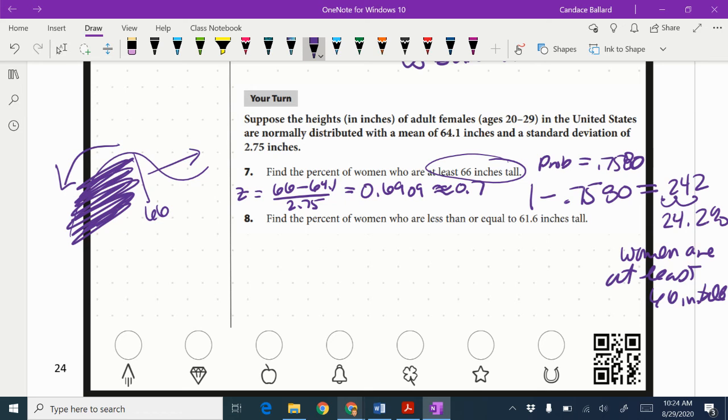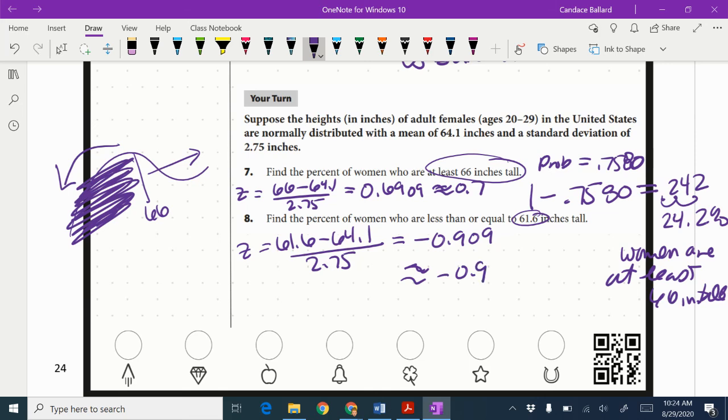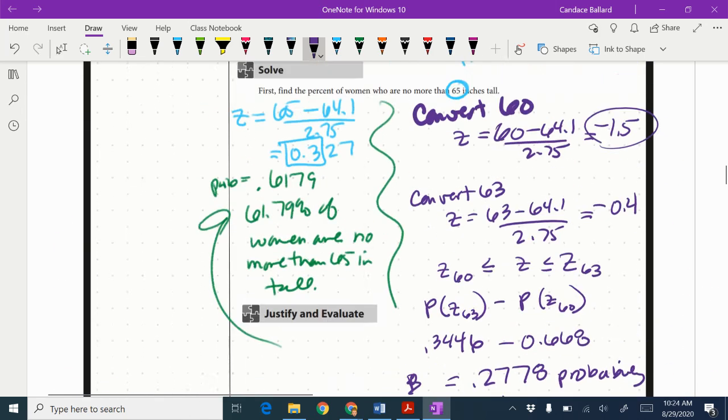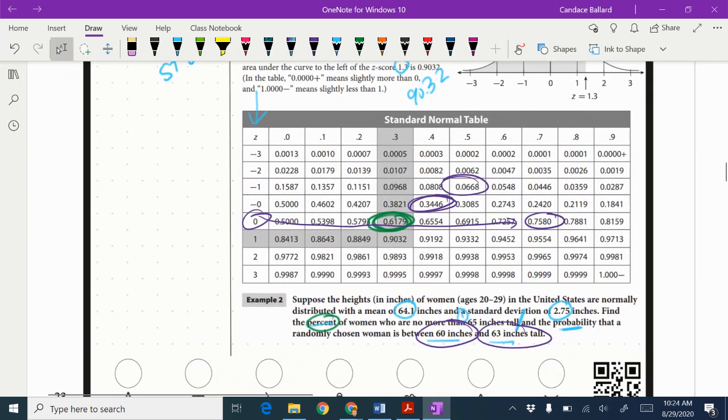Then we want to find the percent of women who are less than or equal to 61.6. So let's do our z-score. So 61.6 minus 64.1, the mean, over the standard deviation of 2.75. And I've got negative 0.909, which would just be negative 0.9. I'm going to go to my z table and look that up. So negative 0.9 is here.